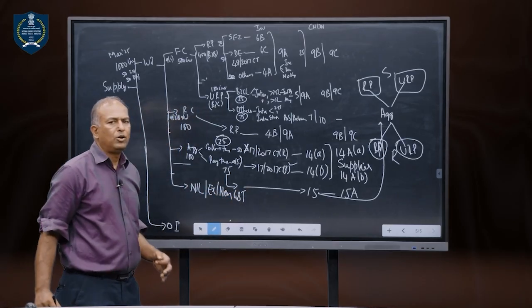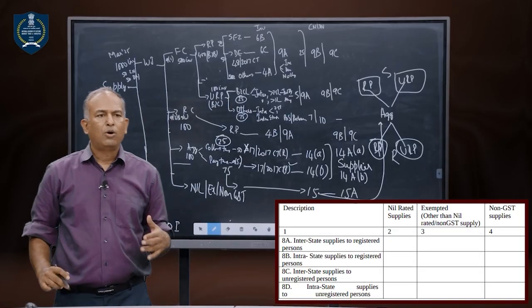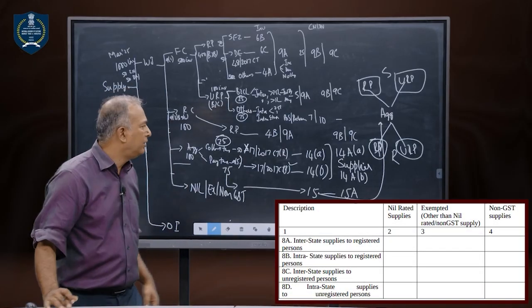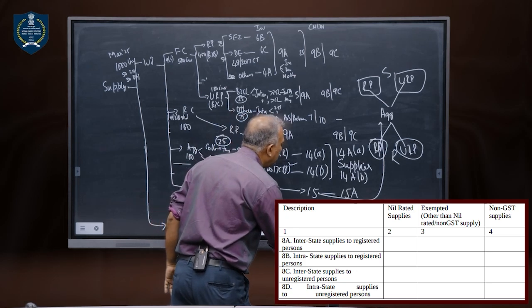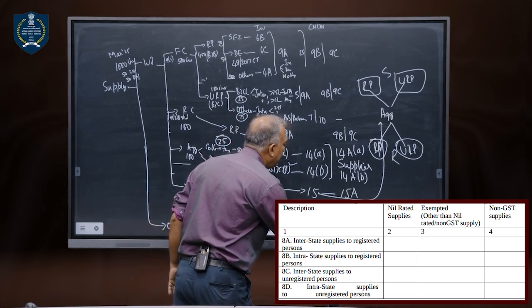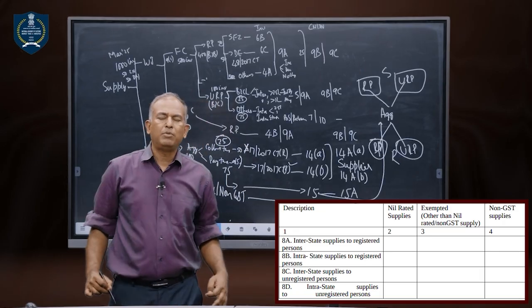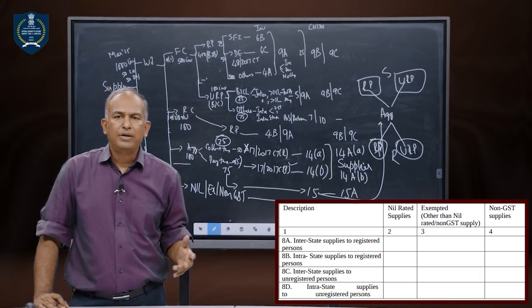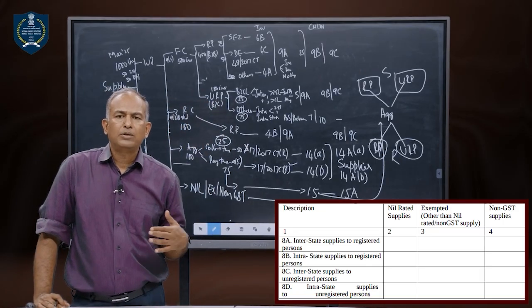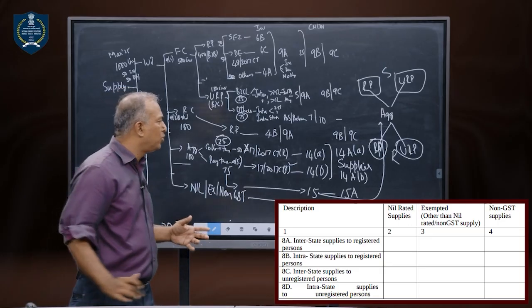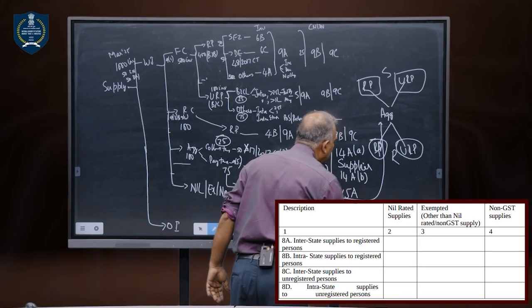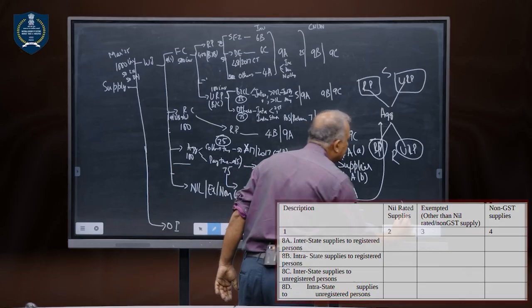Nil rated, non-GST or exempted supplies, all these supplies also are possible, and these details, supplies pertaining to nil rated, non-GST, will be shown under table 8A to 8D. Now here is one thing that you need to remember with reference to table 8: there is no credit note, debit note detail, and there is no amendment detail that is possible.